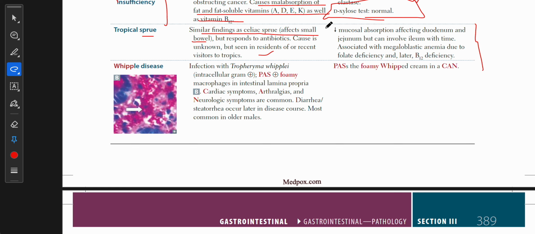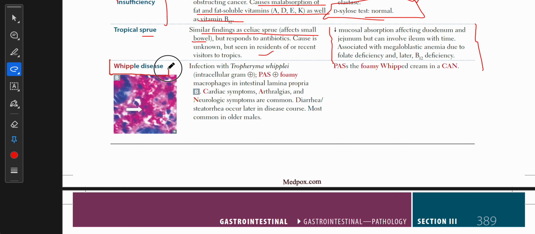There is decreased mucosal absorption affecting the duodenum and jejunum, but it can involve the ileum with time. It is associated with megaloblastic anemia due to folate deficiency and vitamin B12 deficiency. That is what occurs in tropical sprue.